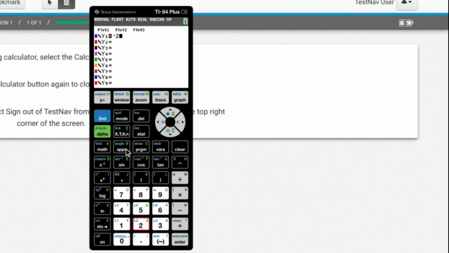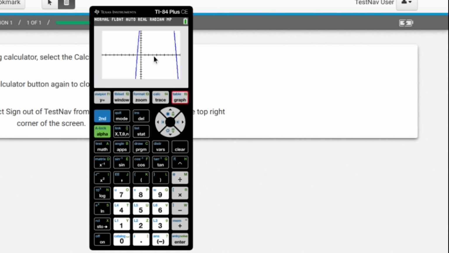Negative 2x squared plus 16x plus 18. If I hit the graph button, maybe I'll see a parabola. Yeah, I probably will because it's skinny. There it is. I care about where the ball is at 5.618.